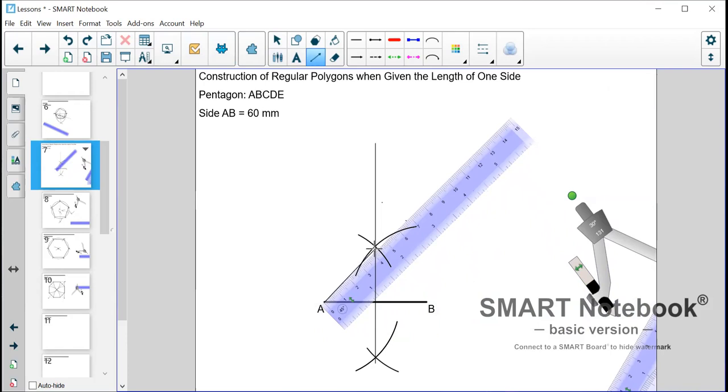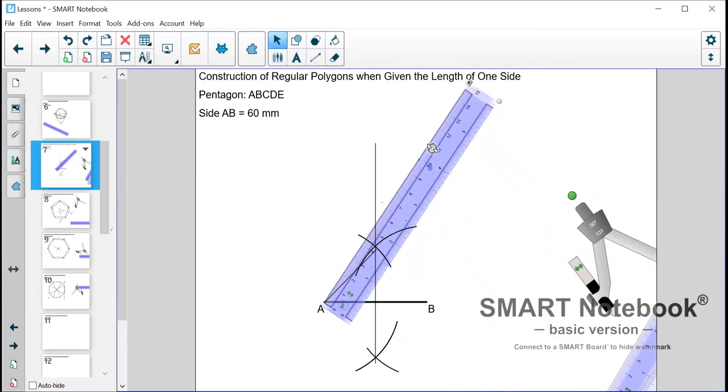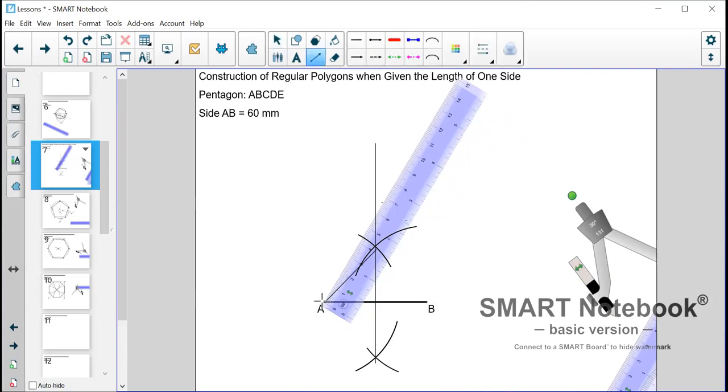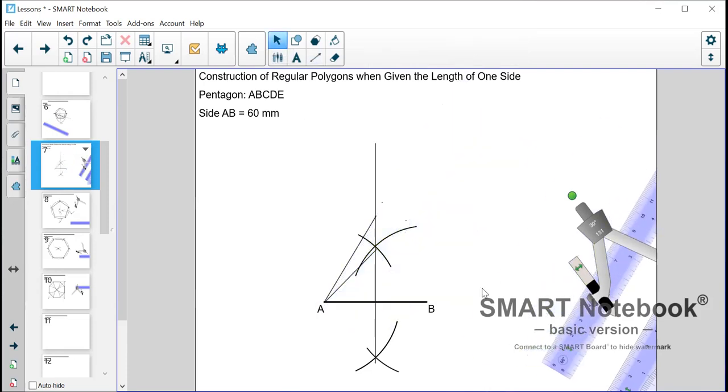We can just stop on the line because that is what we are basically looking for. We do the same from A to the 60-degree point. We simply draw a line and we stop on the line.